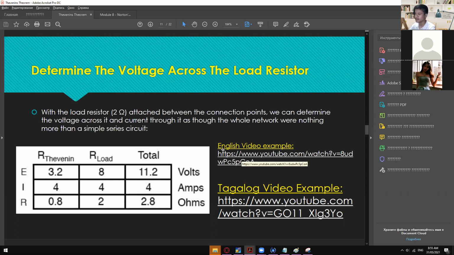Okay, this is an English video example, and if you're a foreigner, then you can go with the English video example. But if I cannot understand, like, ang gulo. So if you're a foreigner, then go for English, because you will not understand anything in the Tagalog example.